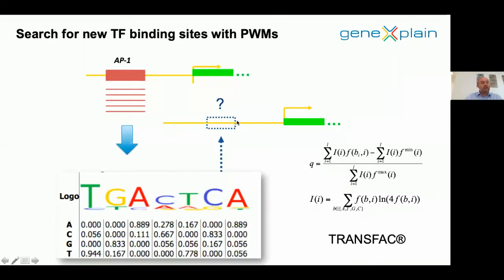And once we find them in a gene, we can say that this transcription factor potentially regulates the activity of this gene. So that's the easy thing.